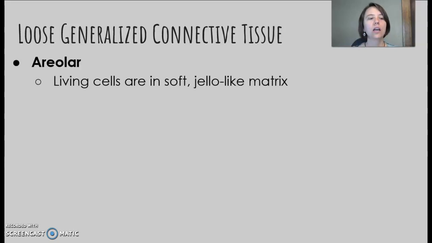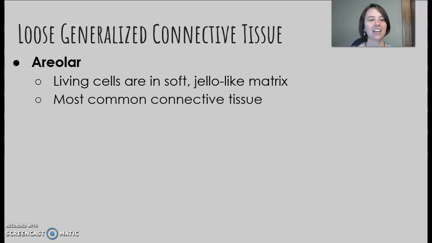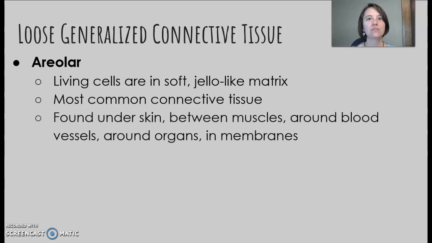So areolar is where you have living cells in a matrix kind of like jello or gelatin. This is your most common type of connective tissue, and it's found in lots of places. It's found underneath your skin, between the muscles, around blood vessels, around organs, and in membranes. It's in a lot of places.